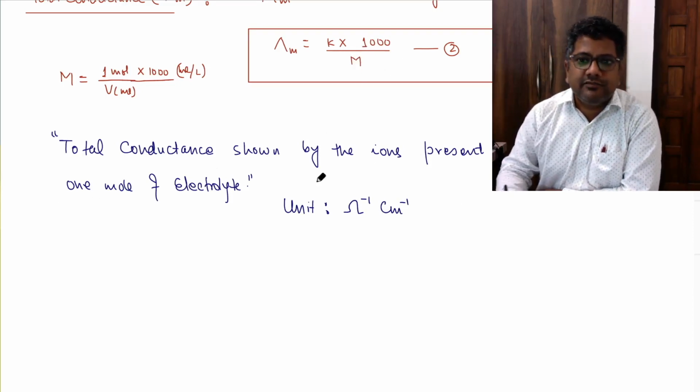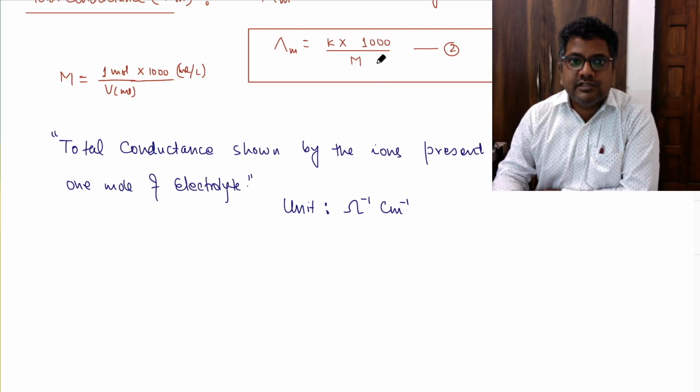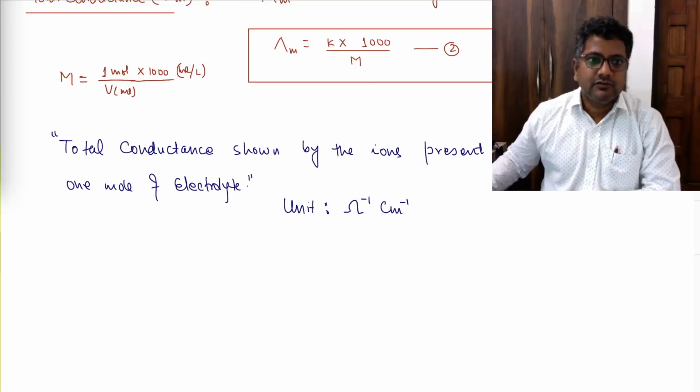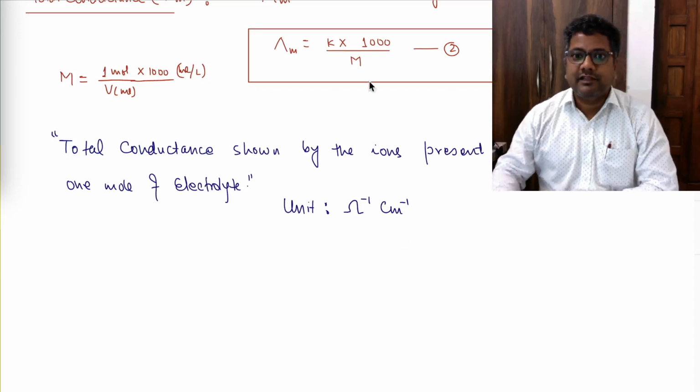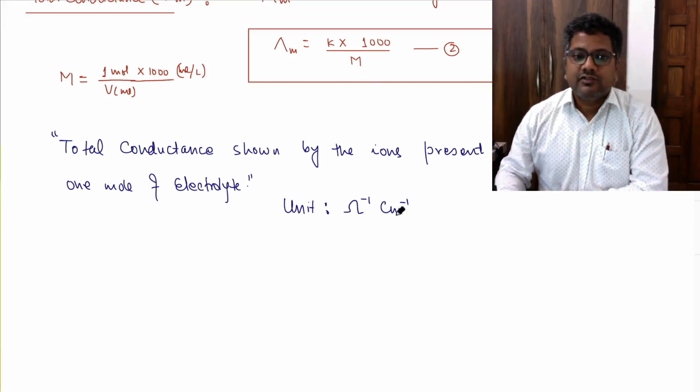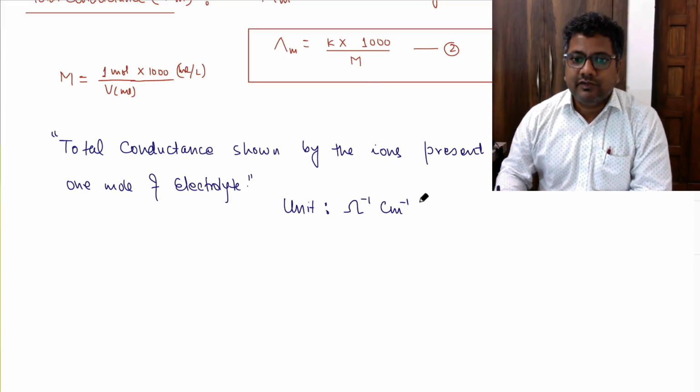What is the unit of molarity? Moles per liter. So moles per liter here, this is molarity. So what should be the unit here? Here you will get mole inverse and centimeter cube, right?